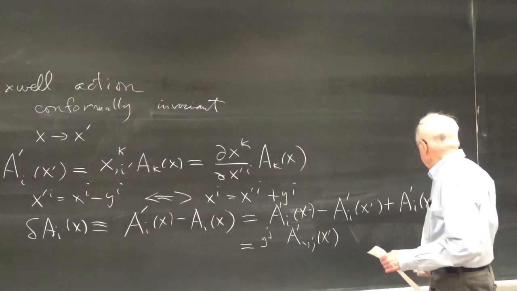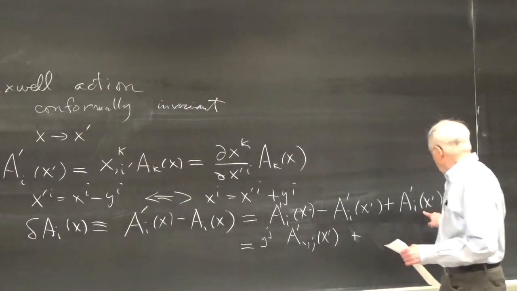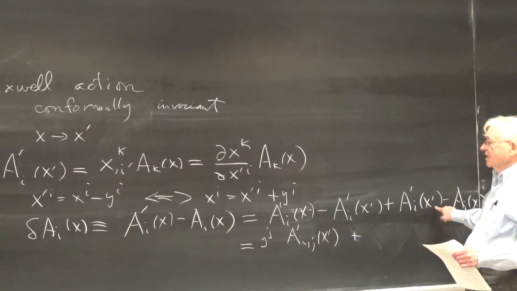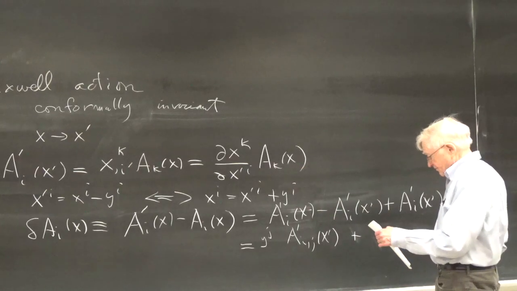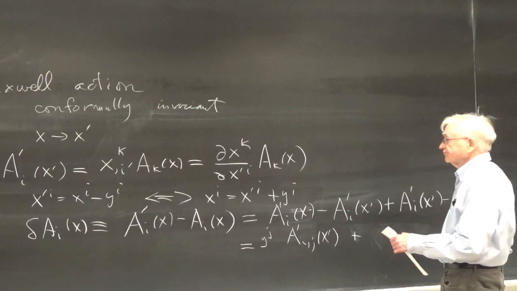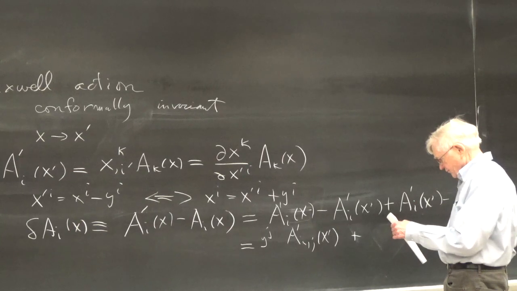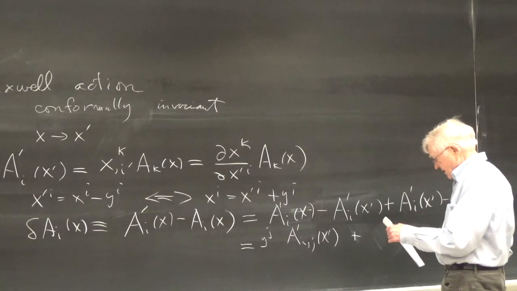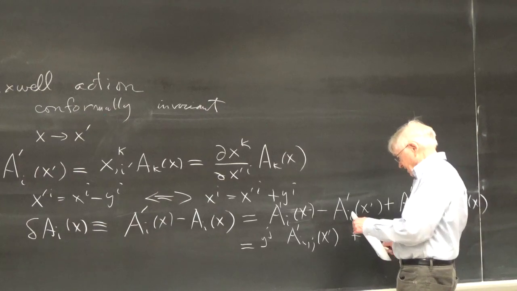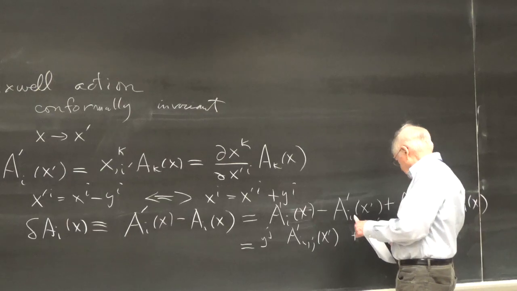And then the second difference, a_i'(x'), that's basically this, and that difference is simply, I think I put something extra here.